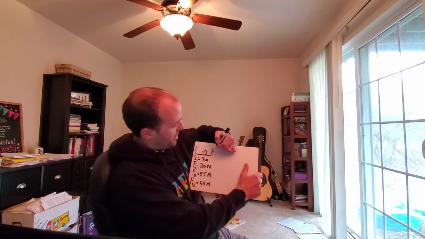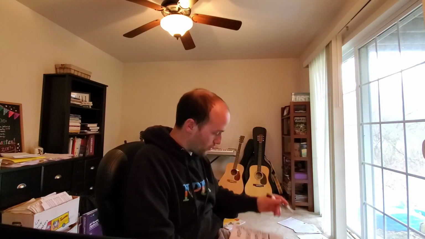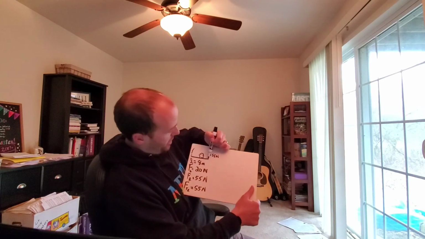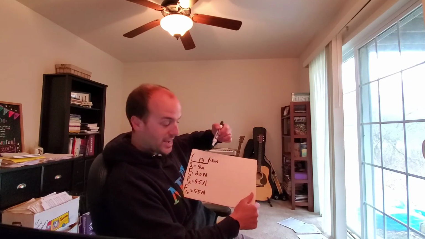I'm also going to tell you that the force of tension from the right cable, or the right string, whatever happens to be, is also 55 newtons. So this cable right here has an upward tension of 55 newtons. To recap, from here to here is 8 meters. The beam itself weighs 20 newtons.